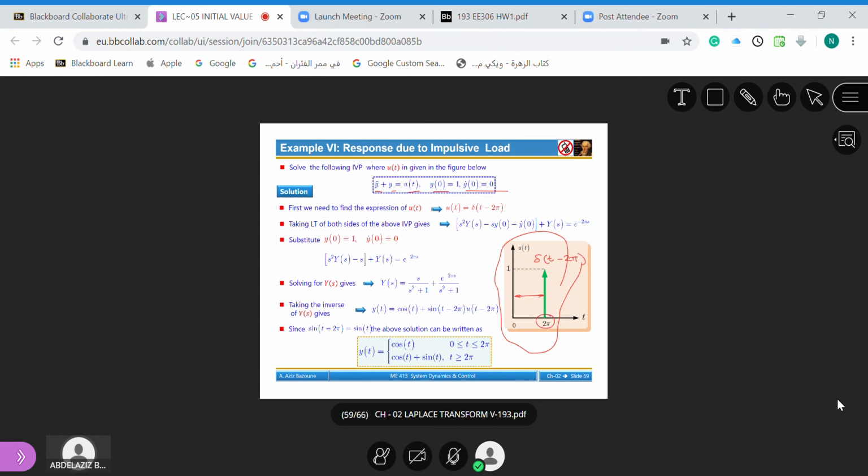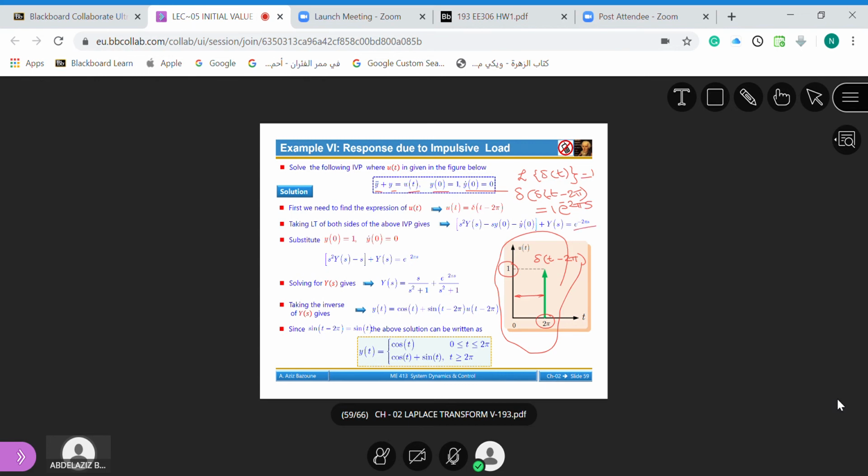You know the Laplace transform of delta t, the magnitude here is 1. So the Laplace transform of delta t is simply equal to 1, but the Laplace transform of delta t shifted by 2 pi will be exponential minus 2 pi s.